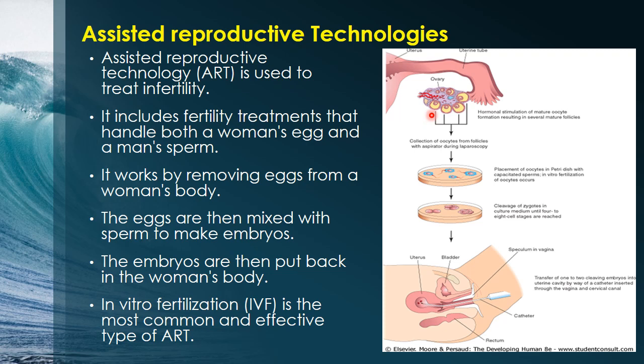It works by removing the eggs from a woman's body. After hormonal stimulation of the ovaries, the mature oocytes are released at ovulation, and they are taken up. Then these mature eggs are placed in a petri dish where they are fertilized with a capacitated sperm.